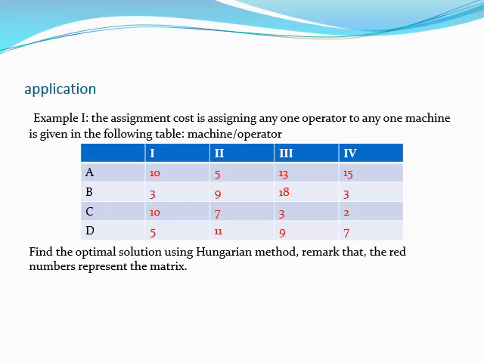If we assign B to 2, then it costs 9. If we assign C to 3, then it costs 3. If we assign D to 4, then it costs 7. The requirement is to find the optimal solution using the Hungarian method. Remark: the red numbers represent the body of the matrix.